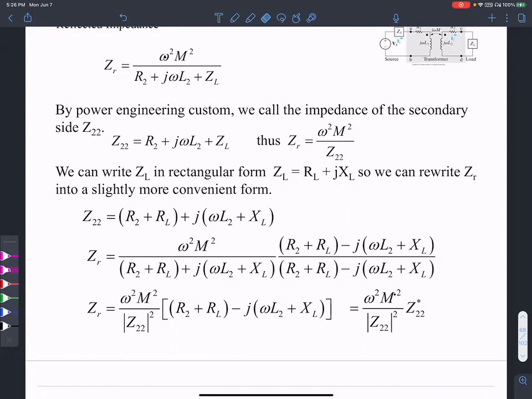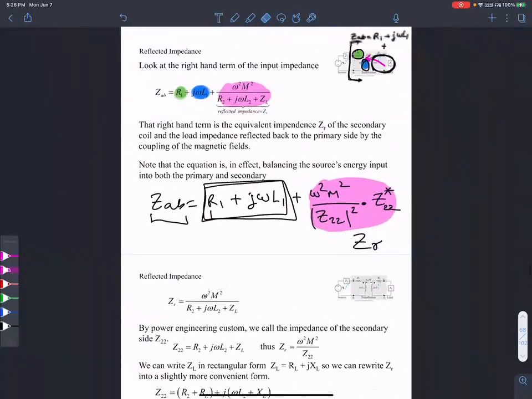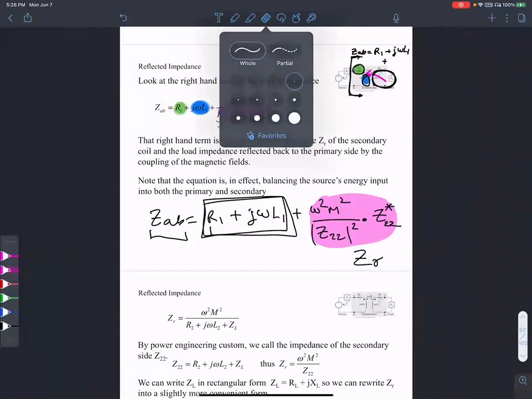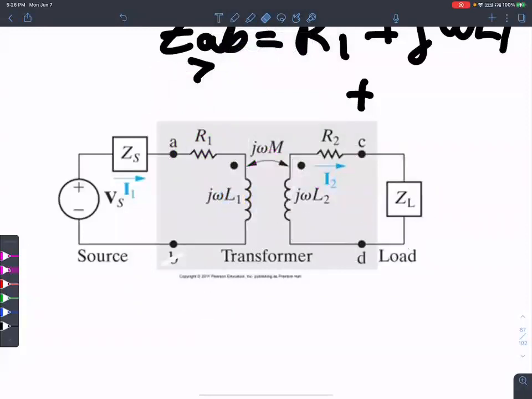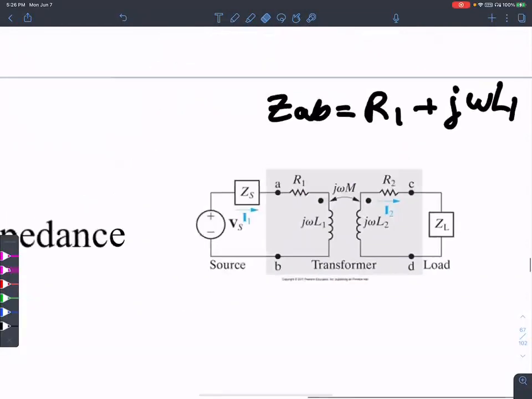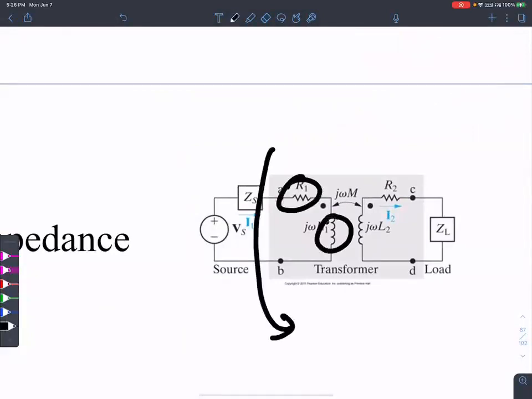So all we are doing is looking at the reflected impedance. There are three components, like I mentioned, if you're looking into the input side of a transformer: R1, R2, and the reflection from the other side.